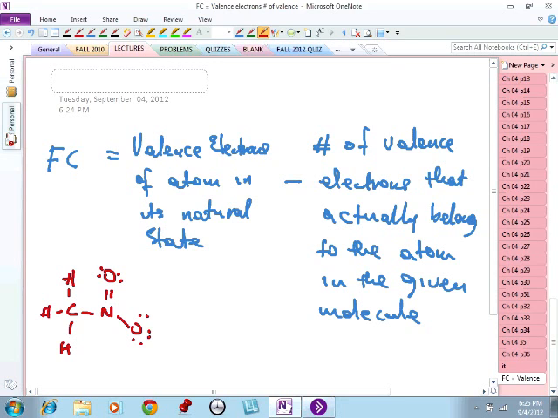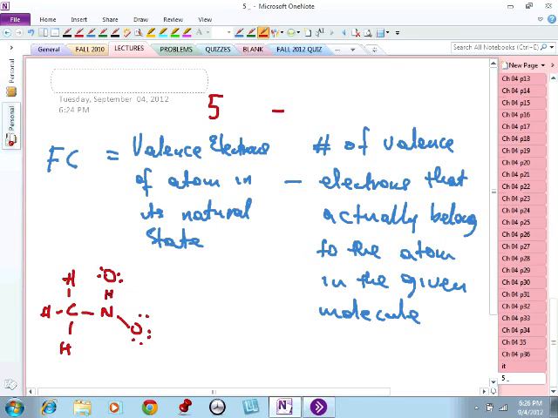Based on the definition that I've just given you, what are you going to do? We start with nitrogen. What is the valence electron for nitrogen in its natural state? 5. So that becomes 5 minus how many valence electrons actually belong to nitrogen in this molecule?